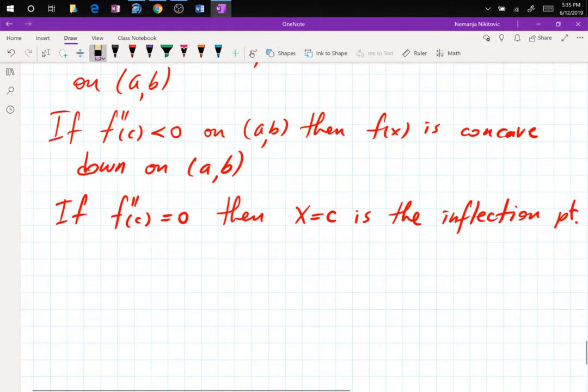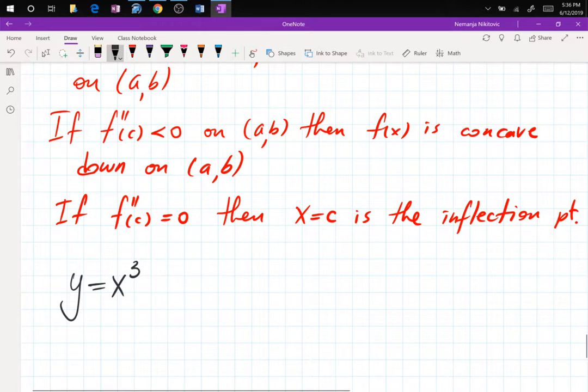First example, I'm going to verbally give you the first example, and that is just x squared. X squared is just a parabola. It opens up. The whole problem is concave up, right? That's it. Done. But let's take a look at x cubed. Y equals x cubed.